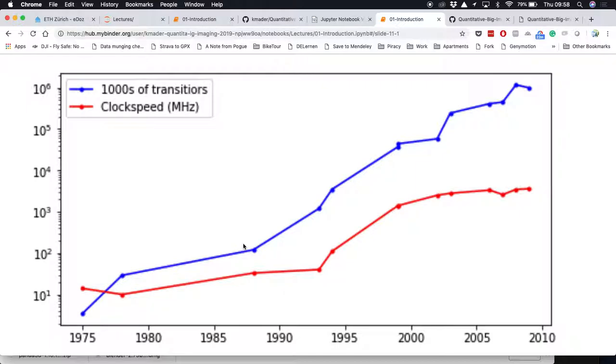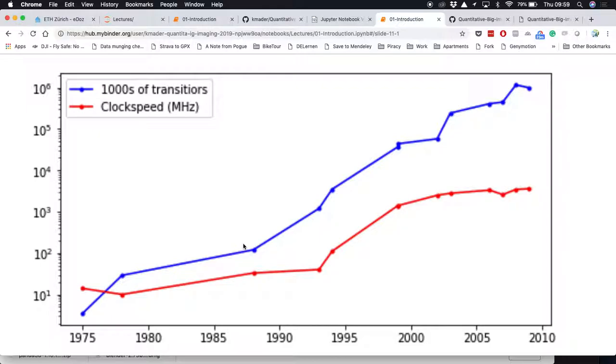And so for a long period of time, if your problem was too difficult to solve, you could just wait a year or two and computers would get so much faster that they would just solve it for you. You didn't have to come up with very clever ways to solve problems because computers just got better and better. And really what started to happen, particularly with speed, is that it has peaked.